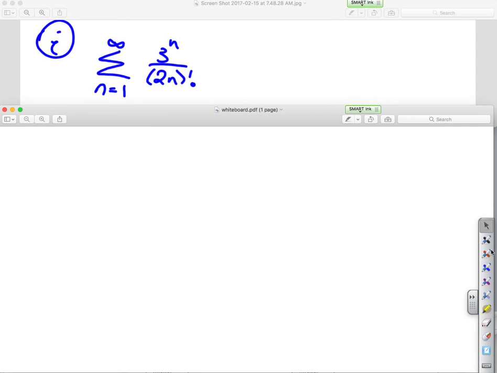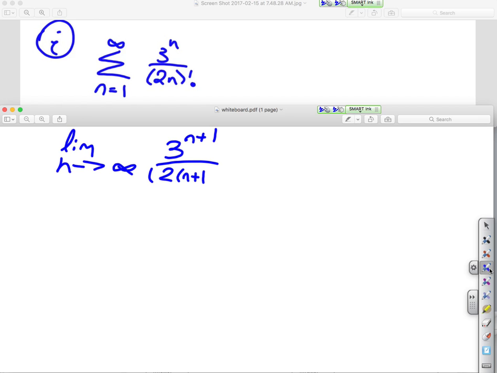All right, so I've come to the point where anytime I see factorial, ratio, that's what I've come to do. So the limit as n approaches infinity, 3 to the n plus 1 over 2 to the n plus 1 factorial. And this is the one I'm interested in seeing whether or not you got it correct.